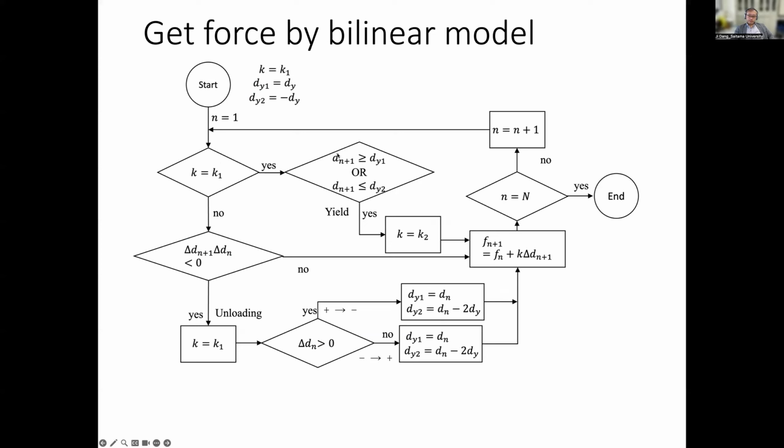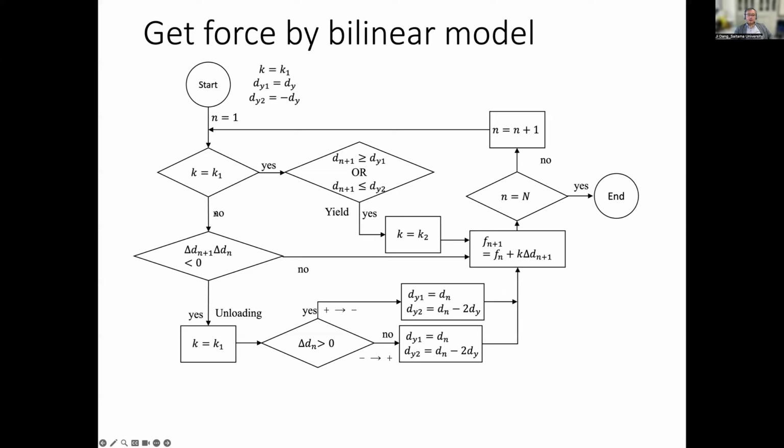Then we check if dn plus 1 is larger than dy1 or smaller than dy2. If it is no, we do nothing. If yes, we change to plastic and go to the next step. If no, then we just go to the next step.